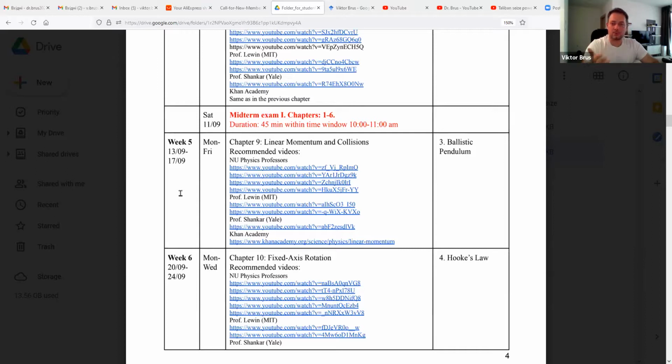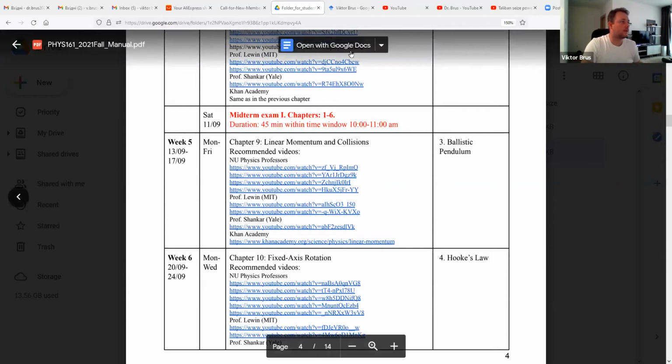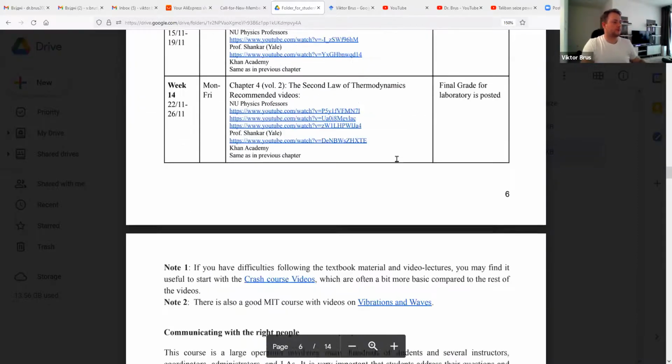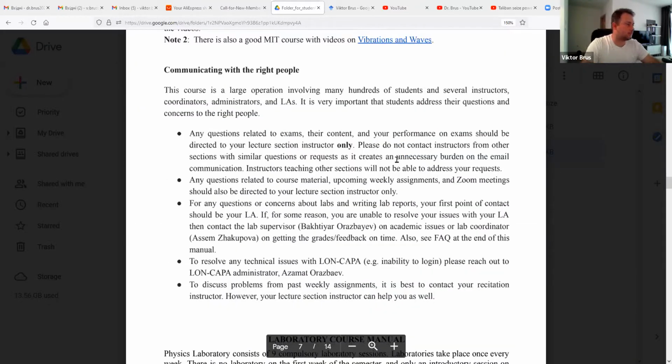So the purpose of our online discussions and lectures is to understand physics concepts and derive equations in order to understand where they come from and what each of the terms of these equations means from the physical point of view. That is our goal, and that's what we are going to do during our online meetings.